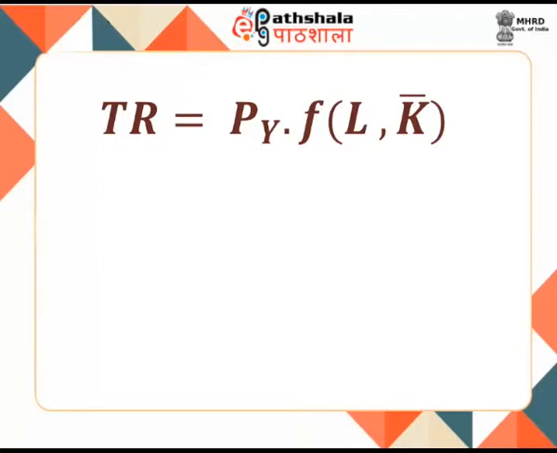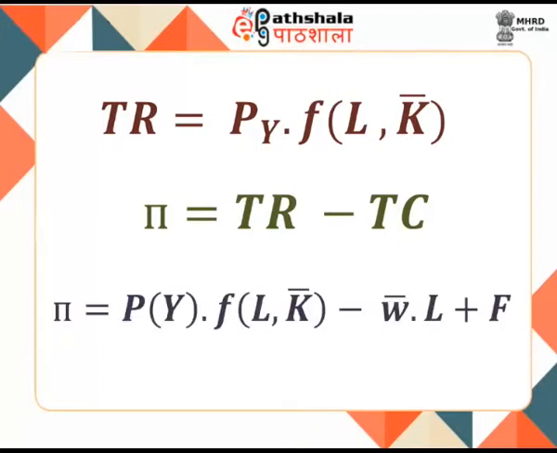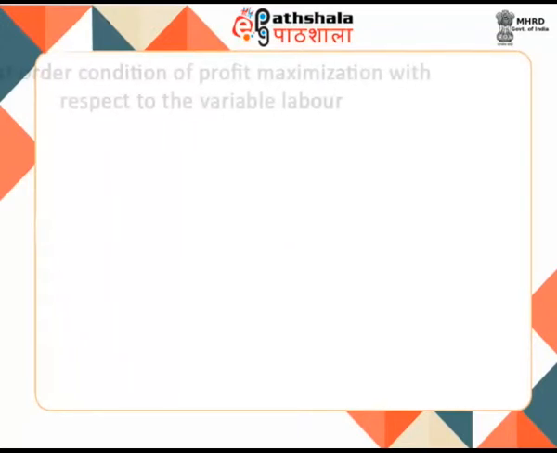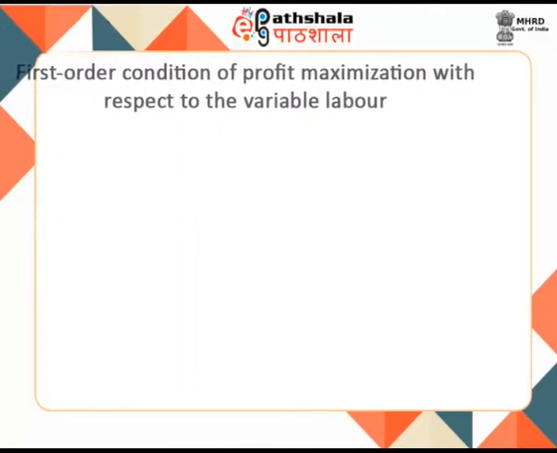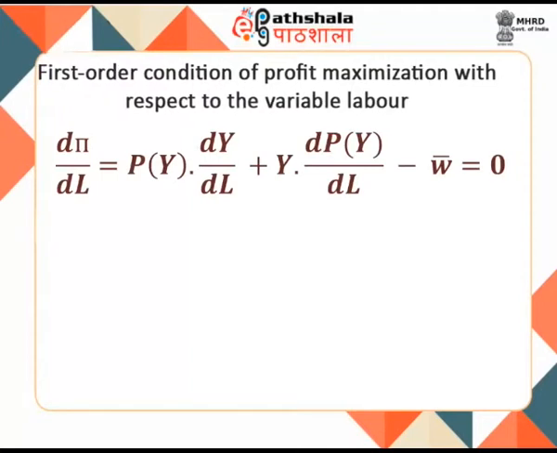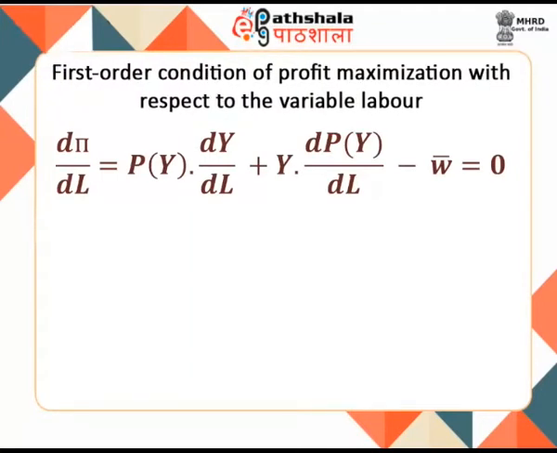Hence, the profit function can be written as π = total revenue minus total cost, which can be further written as π = Py · f(L, k̄) − (w̄L + F). In order to satisfy the first order condition of profit maximization with respect to the variable labor, we set dπ/dL = Py · dy/dL + y · dPy/dL − w̄ = 0.